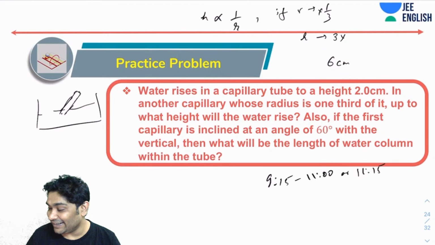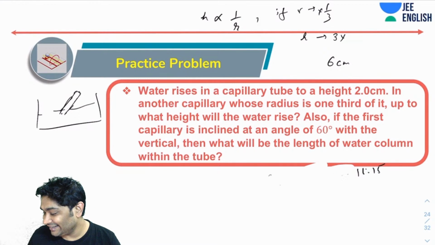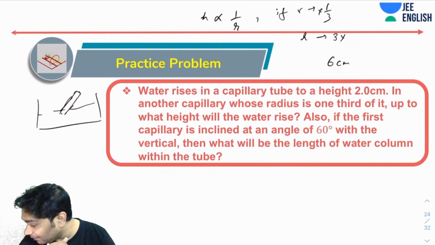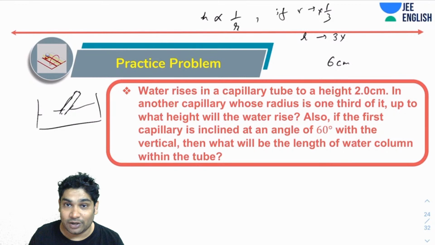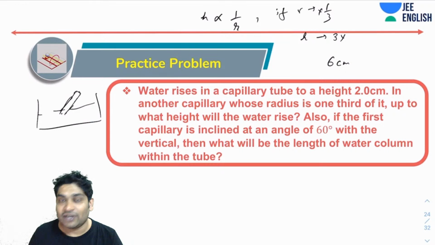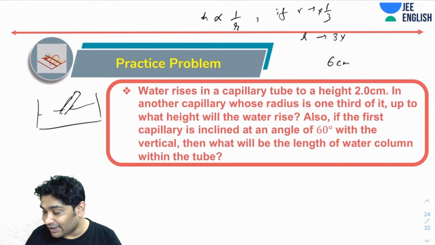Nope. Oh, yes, that is correct. Sorry, I thought we were talking about the second capillary. Yes, for first capillary, 4 centimeter is correct. So that is correctly answered by Rohit, of course.